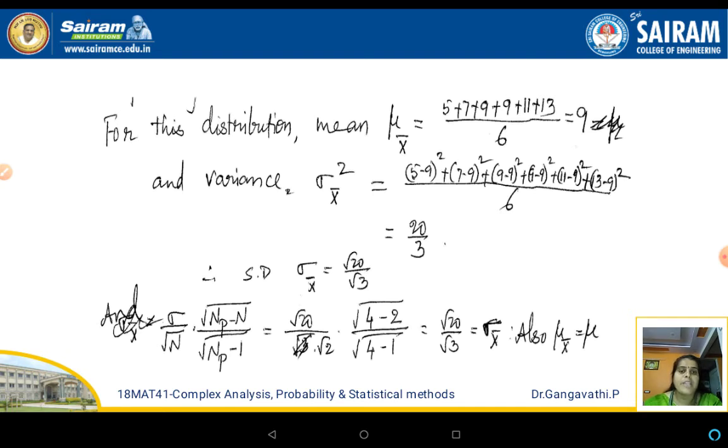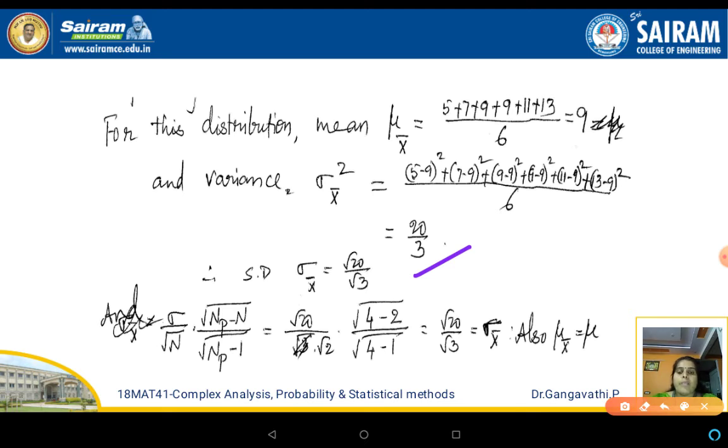So 5 minus mu x bar, 7 minus mu x bar, 9 minus mu x bar, and likewise for every value. The total number of means was 6. Therefore, when we calculate it, sigma x bar square gives the value 20 divided by 3. So that is the variance, and the standard deviation is root 20 divided by root 3.